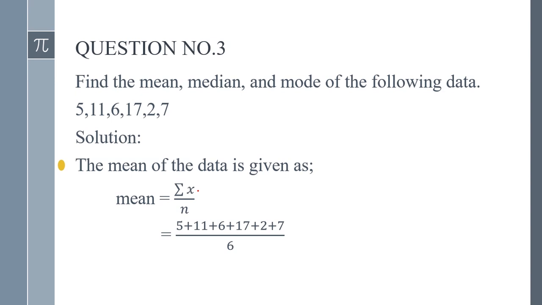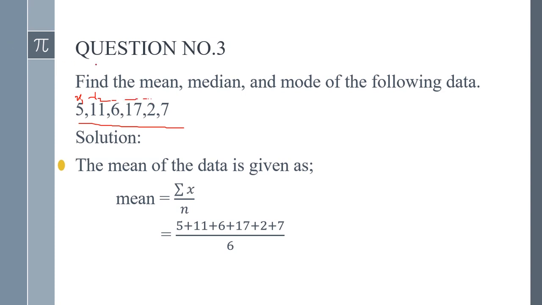summation x over n. So what is summation x? This is the data set and each point in this is called a data point, like this 5, 11, 6, 17, 2 and 7. If we say that this is x1, this is x2, and so on up to where our values go.